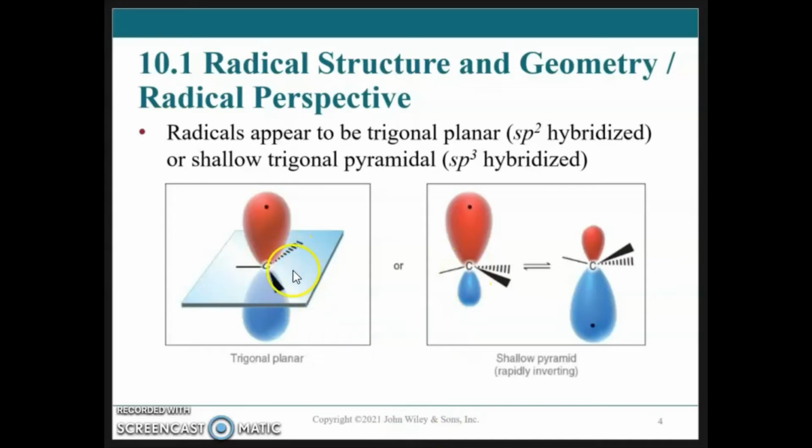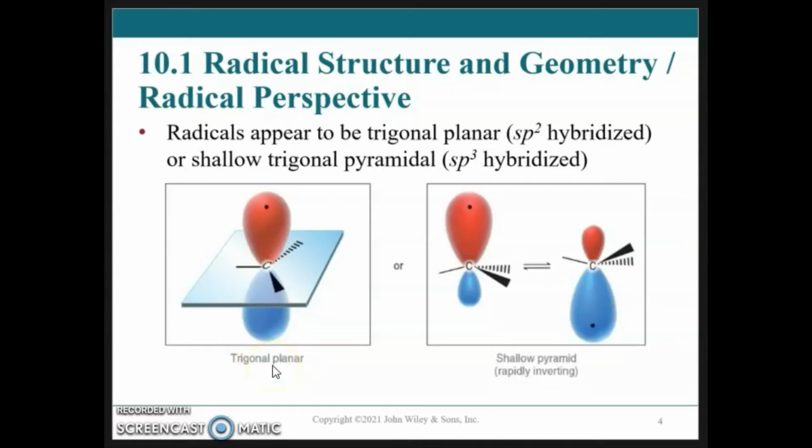Another thing I want to mention here is that the radical species is electrically neutral. While carbon does not have a complete octet, it does have its four electrons relative to its 4 protons, so it is electrically neutral. There are radical ions.